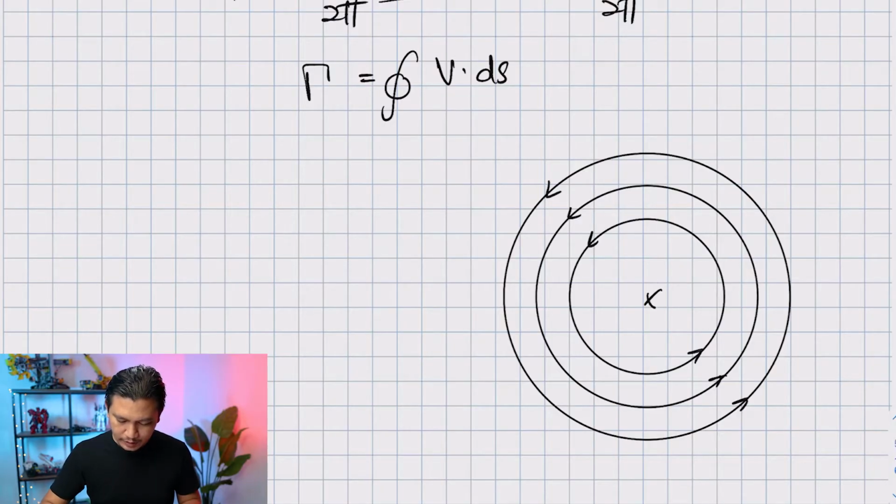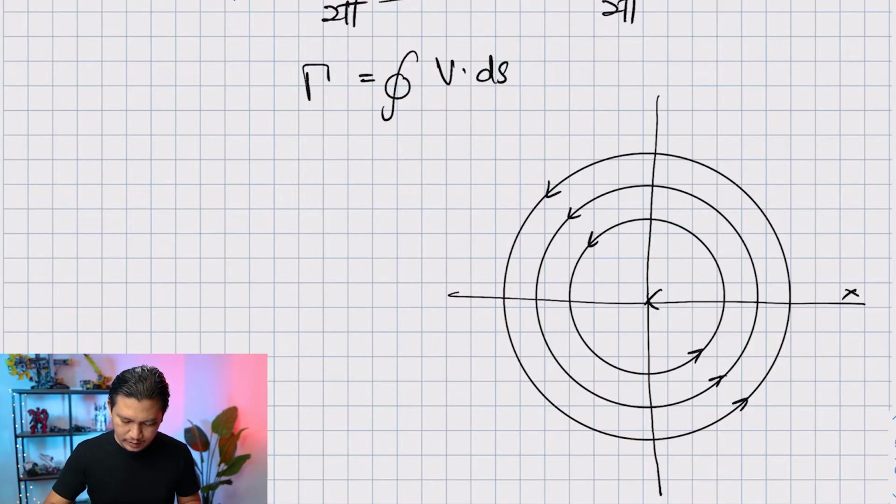If you have a center here, and if I want to draw the x and y coordinates, so this is x and this is y, what you have here in terms of the velocity components is a reversal of the source flow, isn't it? For source flow, you have the radial component of velocity but no tangential component.